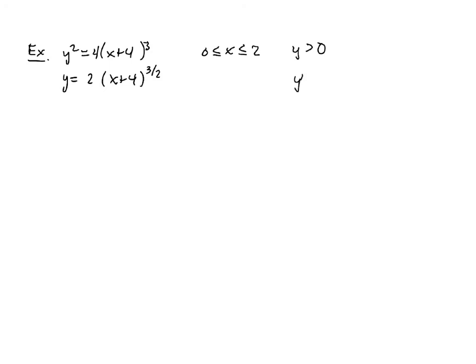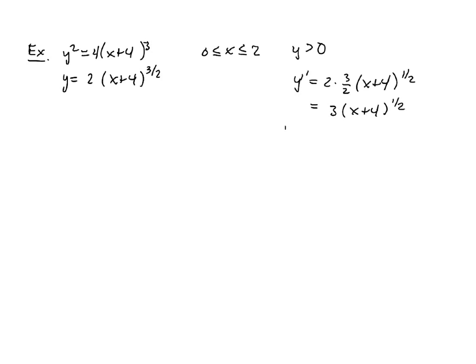So y prime is going to be 2 times 3 halves (x plus 4) to the 1 half, which is the same thing as 3 times (x plus 4) to the 1 half.